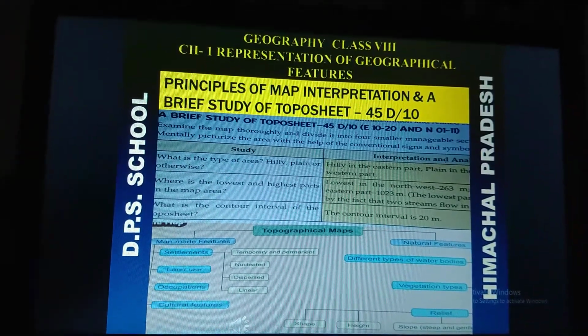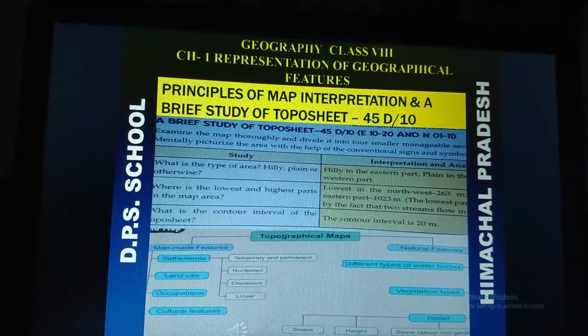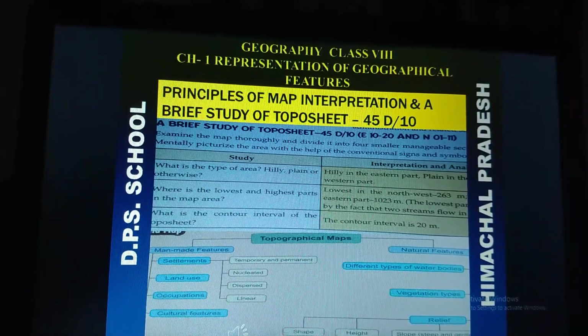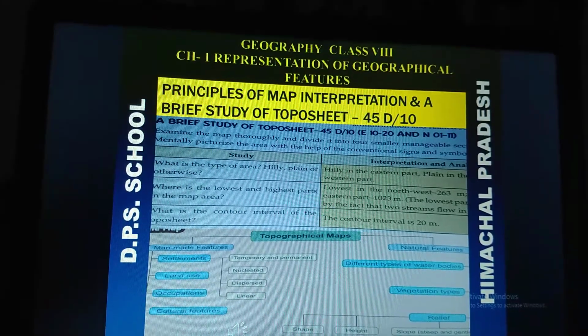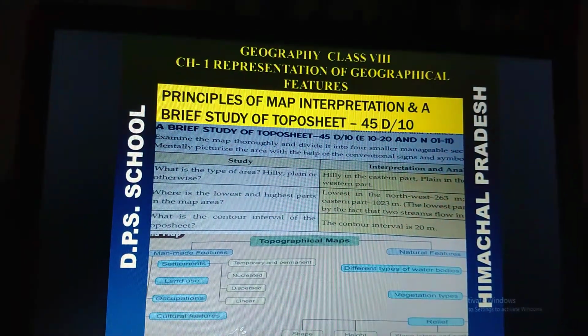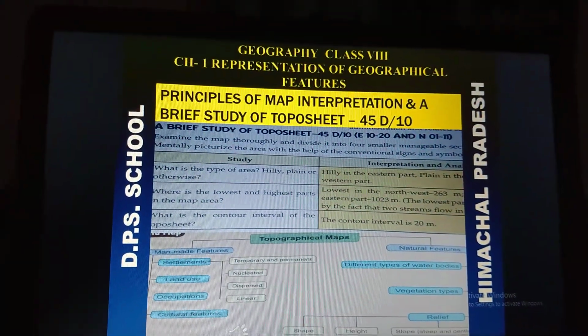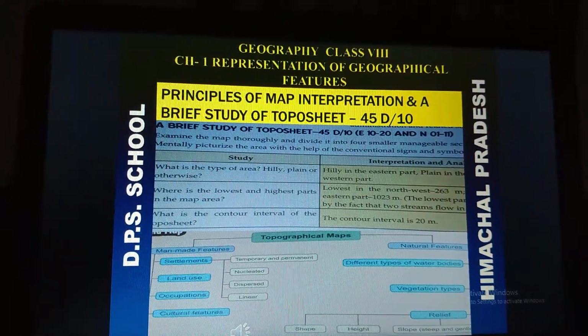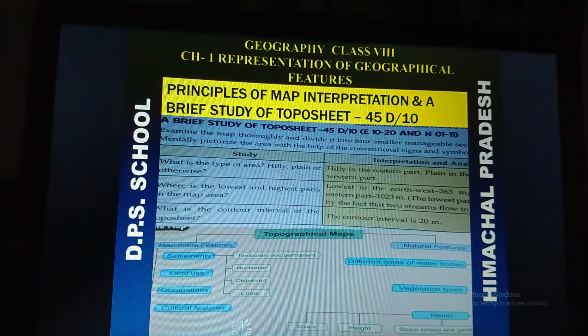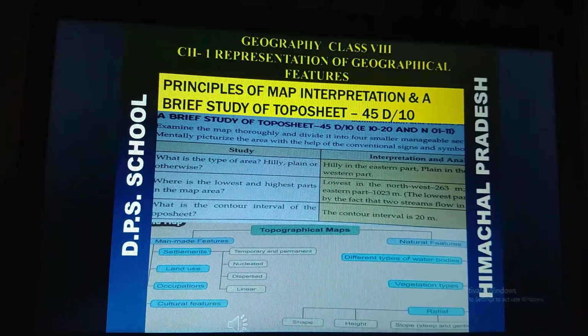Then we see land use, occupations and cultural features. When we come to natural features, we see there are different types of water bodies, vegetation types, relief. When we come to relief, we see three types of relief, that is shape, height and slope.